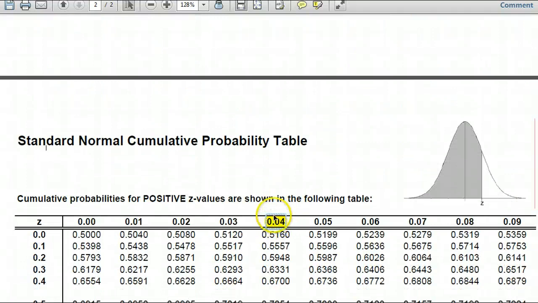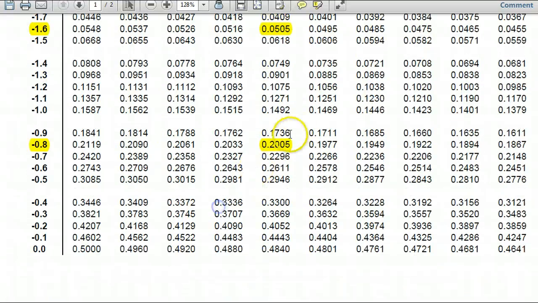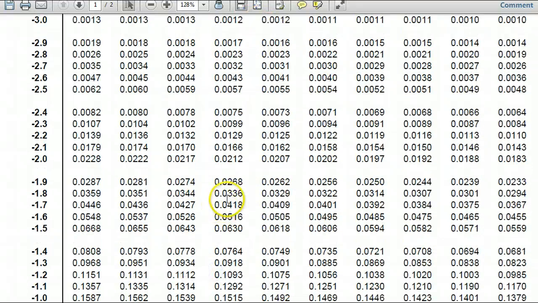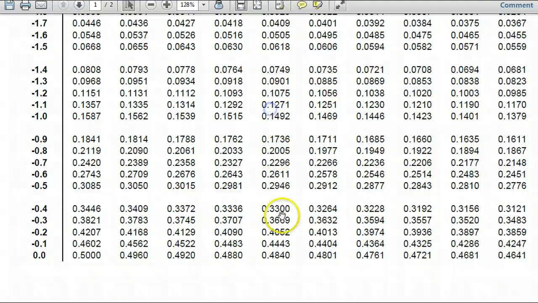So get to the negative side, you guys. Negative 0.4. So here's negative 0.3, negative 0.4. Okay, here's 3.9. Here it is. It's right in between these two values.